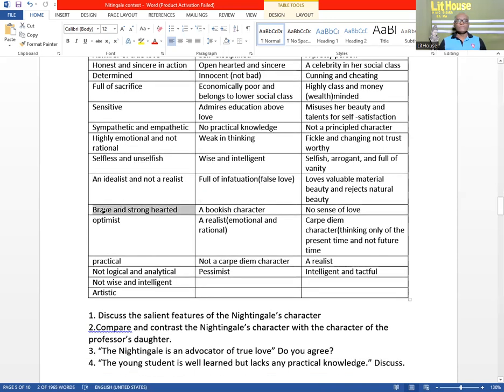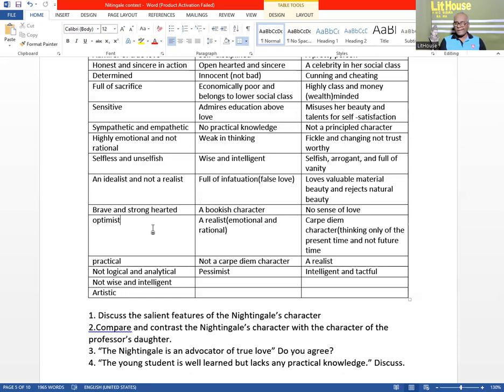She is brave and strong-hearted. Another good quality for you. Brave-hearted, strong-hearted. You never change. You take challenge. You love to face challenge. Yes, be ready to face challenges. Don't run away from challenges. Take challenges as your life.